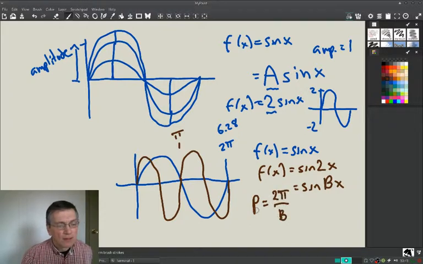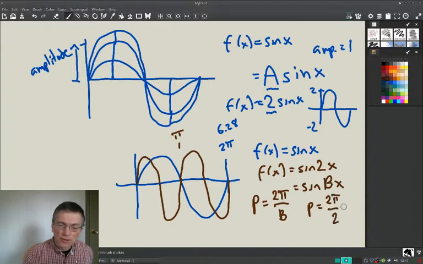Alright? Period equals 2 pi over this number over here. Alright, does that work out? Let's see. The period, in this case, is going to be 2 pi over 2, which does indeed equal pi. It works out, and this is sort of a general formula you can use.